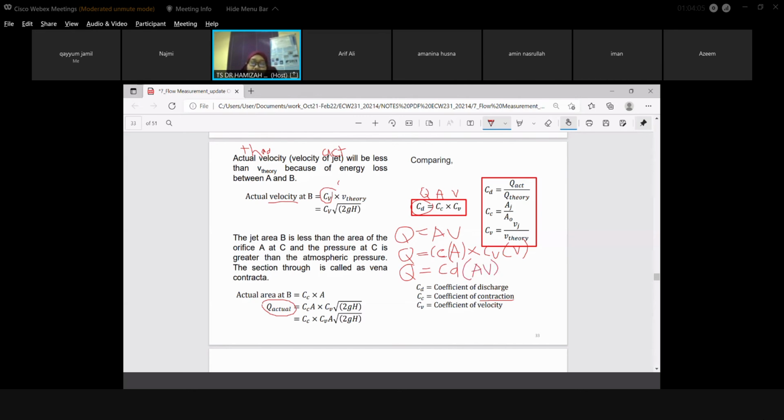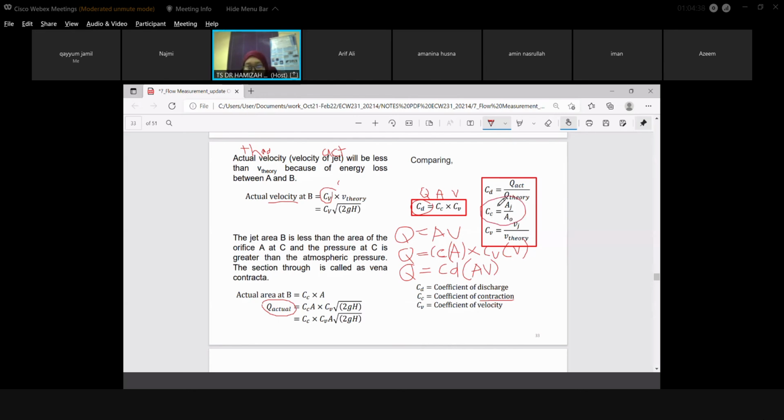Macam itulah. So kenapa kita ada banyak jenis questions ni? Sebab sometimes soalan tak bagi nilai CD. Dia bagi CC. Macam itulah. Okay, that's why you can have various equations, depends on the soalan punya information. Okay, so kalau dia tak bagi, dia bagi CV je, of course you need to find CC. So how we calculate CC?